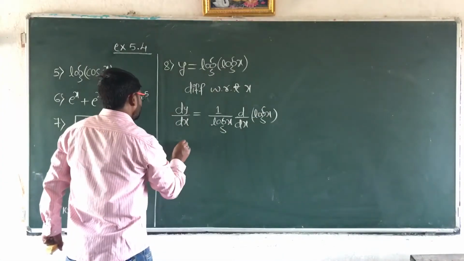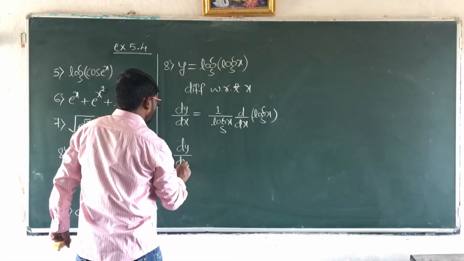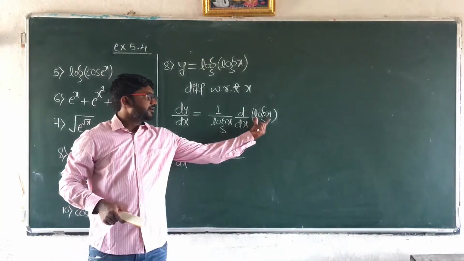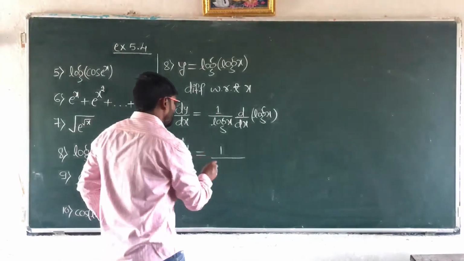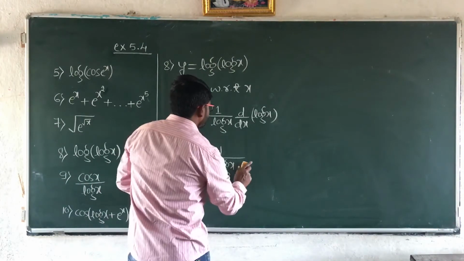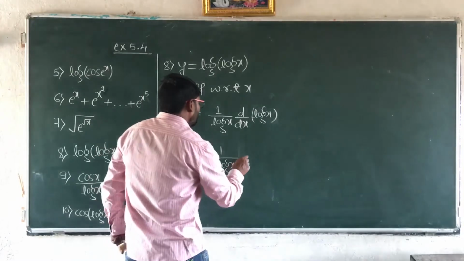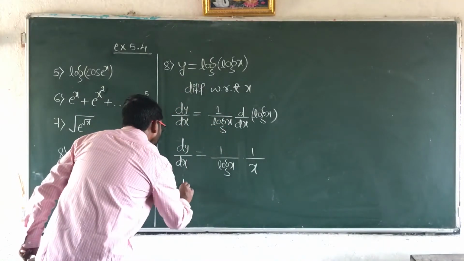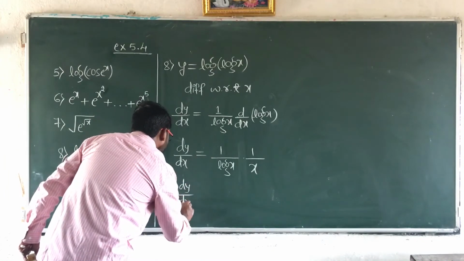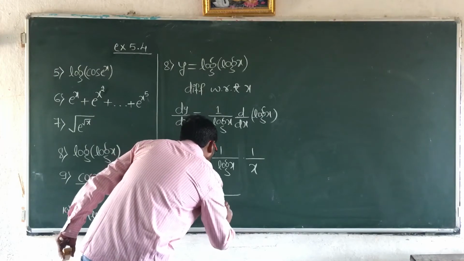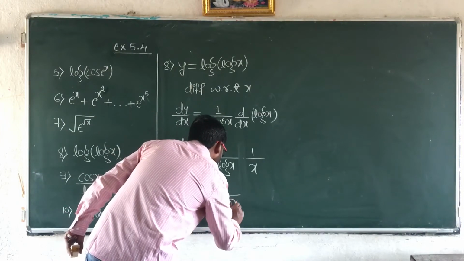So here dy by dx is equal to 1 divided by log x, I write it as it is, then into the derivative of log x, which is 1 by x. So rewrite this now. dy by dx is equal to 1 divided by x into log x.